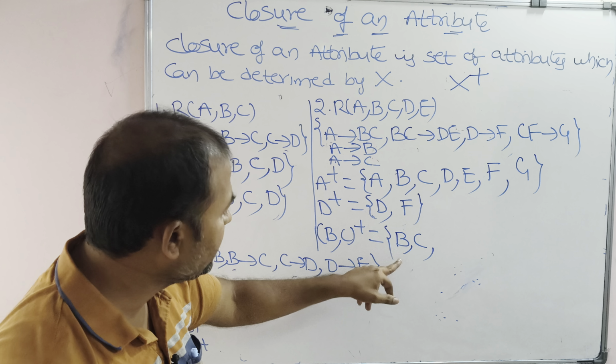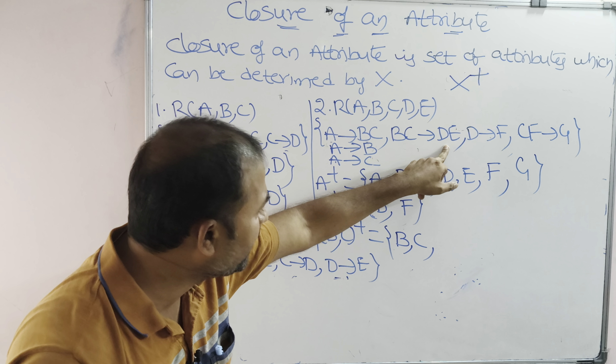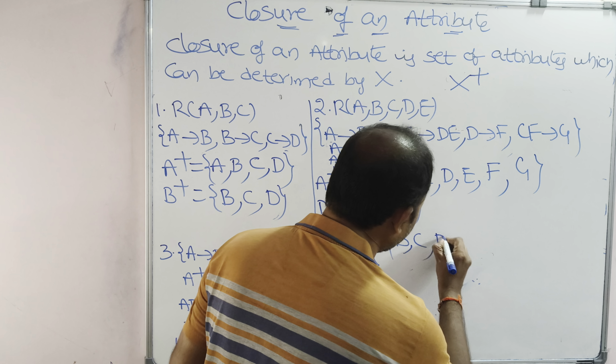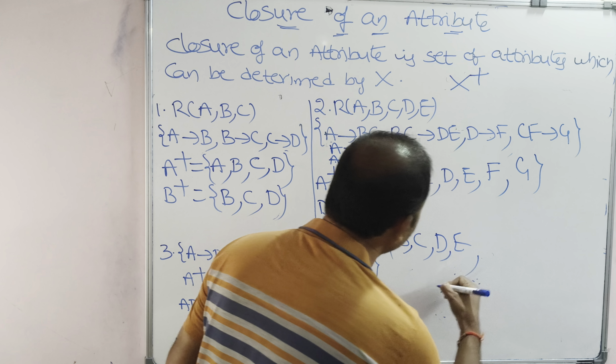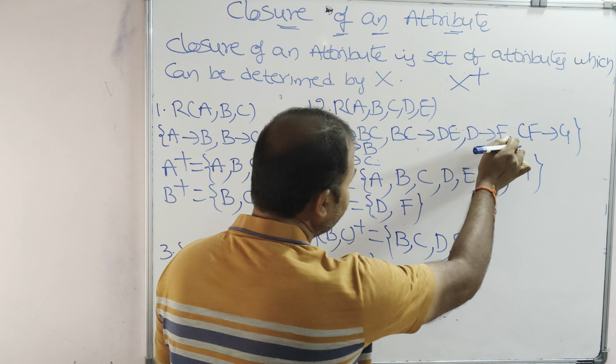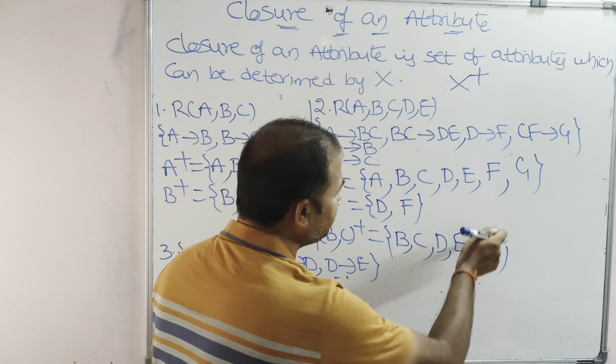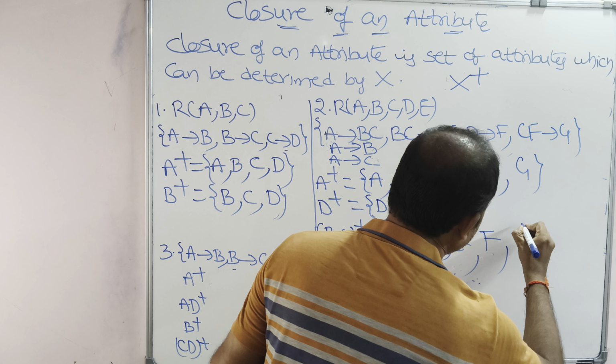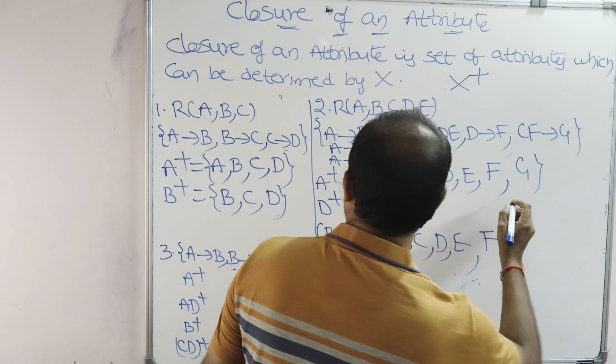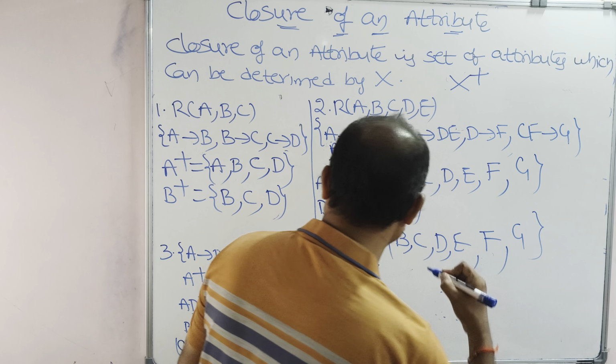Next, here we have BC. BC combinedly can determine D, E, DE. So DE. Next, here we have D. D can determine F. Here we have C as well as F. CF can determine G. So this is the result.